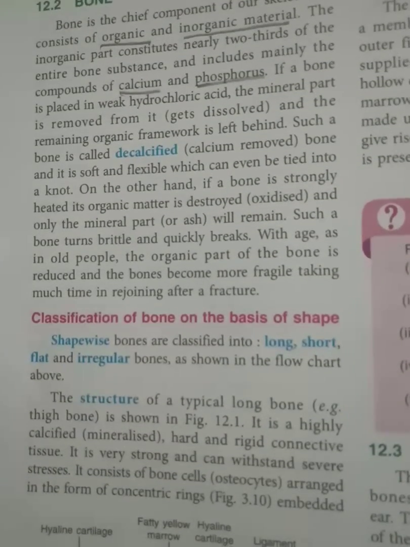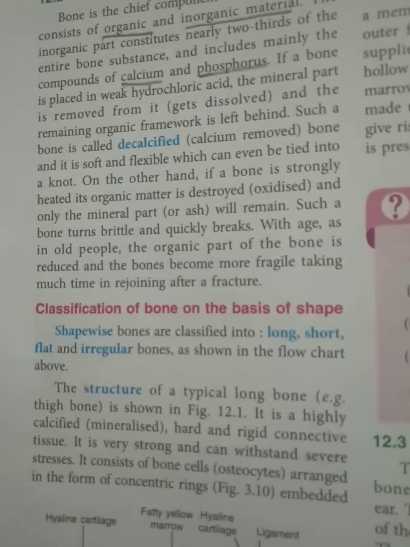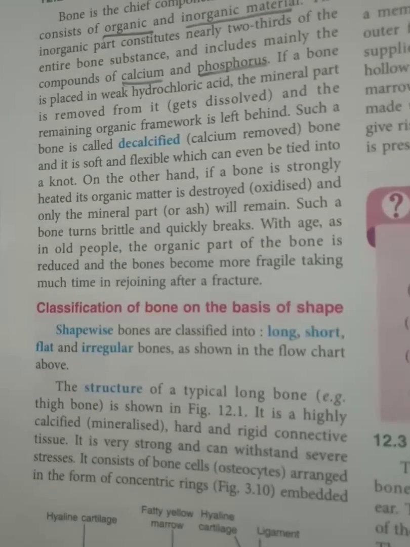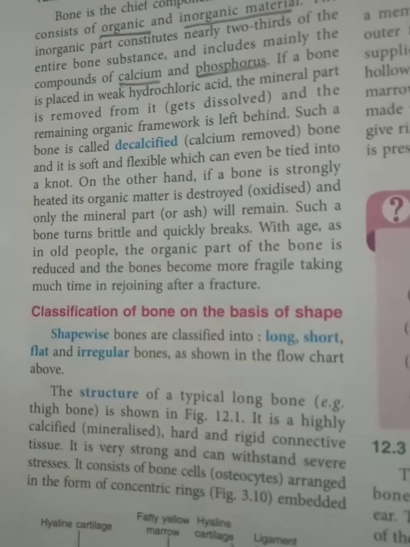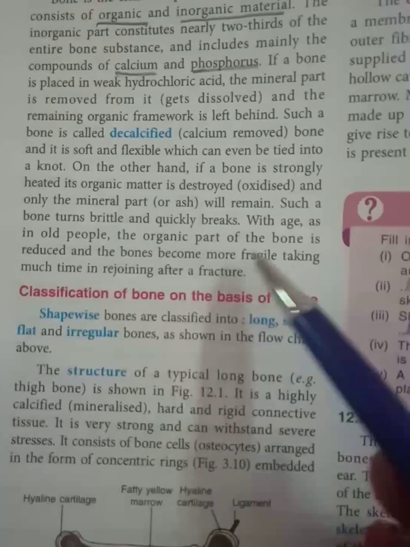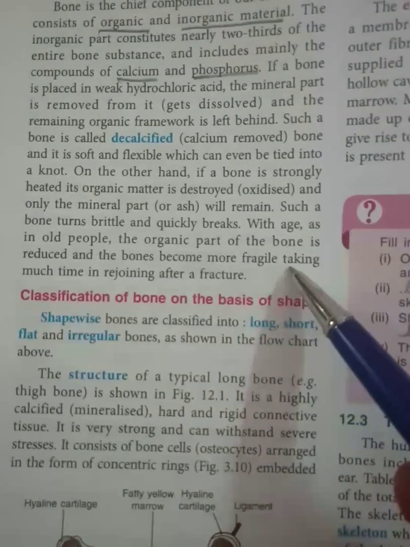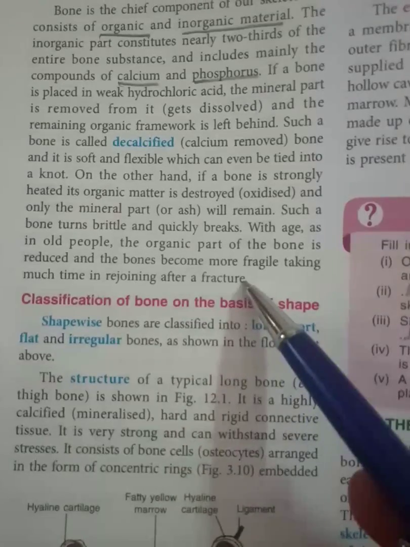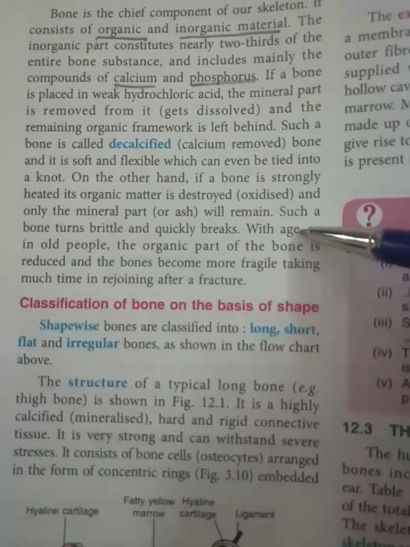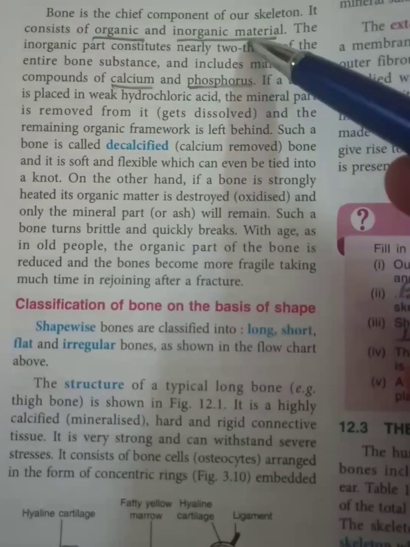On the other hand, if a bone is strongly heated, its organic matter is destroyed and only the mineral part will remain. So such a bone turns brittle and quickly breaks. With age, as in old people, the organic part of the bone is reduced and bones become fragile, taking much time in rejoining. So from this paragraph we come to know that bone has two things, organic material and inorganic material.